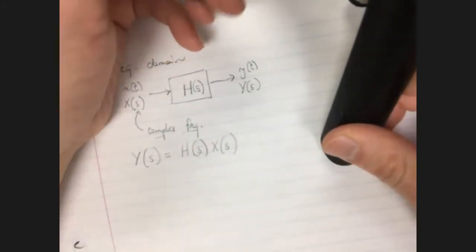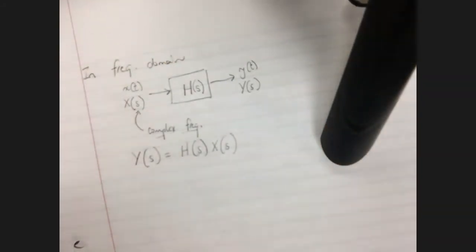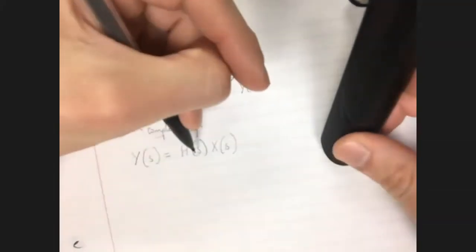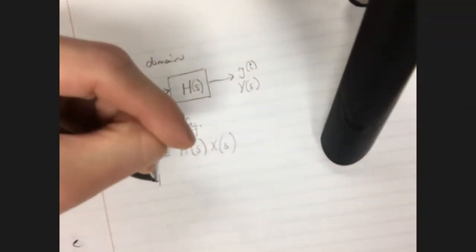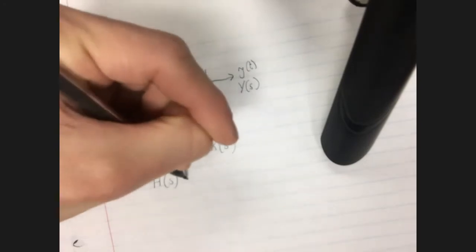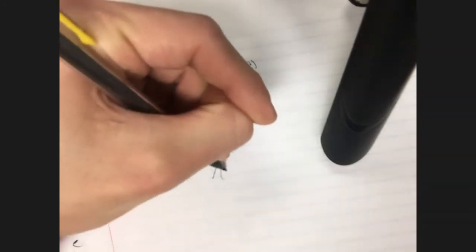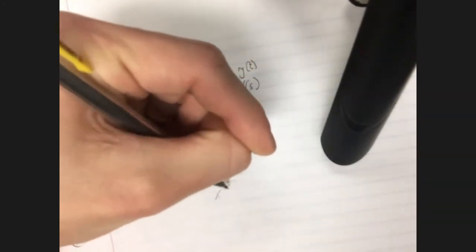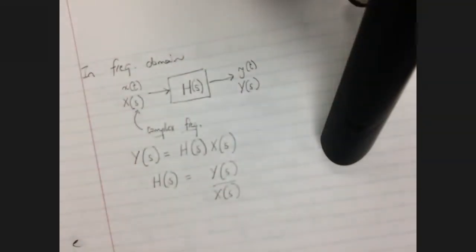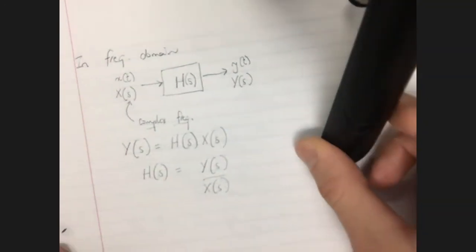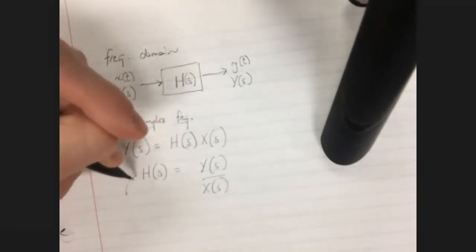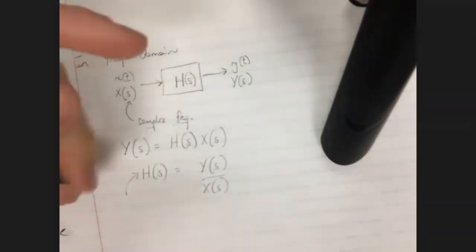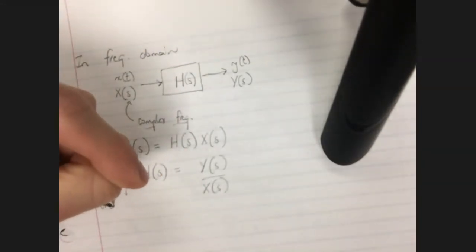I mentioned how a transfer function was going to be a way to represent a system. So this H of s right here, notice H of s is just going to be Y over X. This is what I call my transfer function.